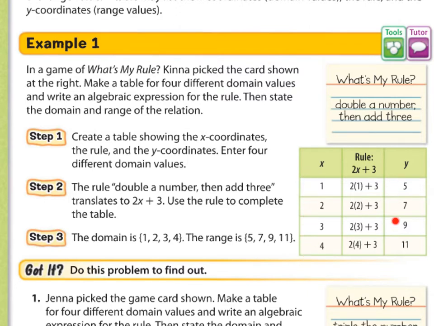The rule, double a number, then add 3, translates to 2x plus 3. Use the rule to complete the table. Step 3. The domain is 1, 2, 3, 4. And the range is 5, 7, 9, 11.